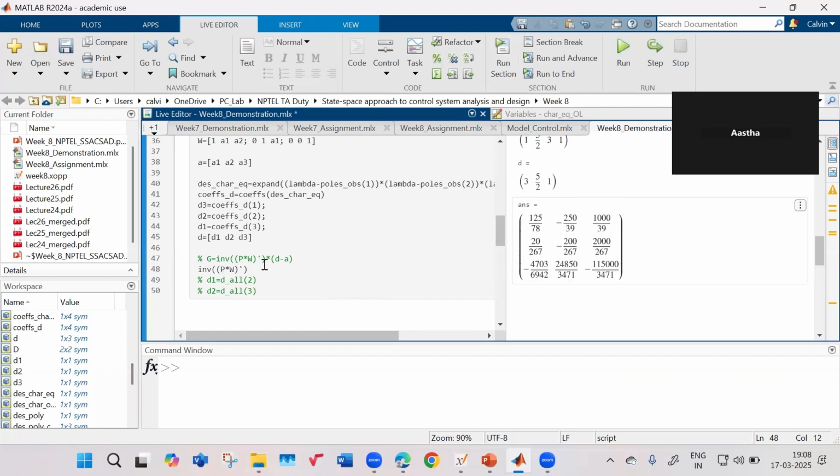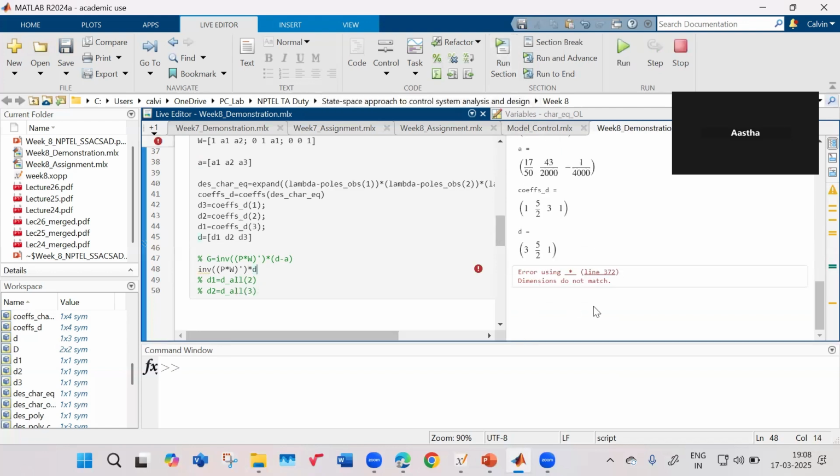That also is coming. Into, let us try into D. I think that is stating the issue because D is defined as, if you will see, D is a row vector, but it should be a column vector. So what we must do is define it as a transpose, and then we can do into D minus A.